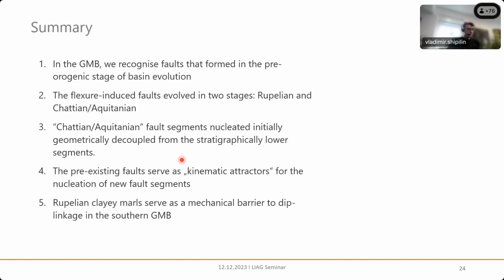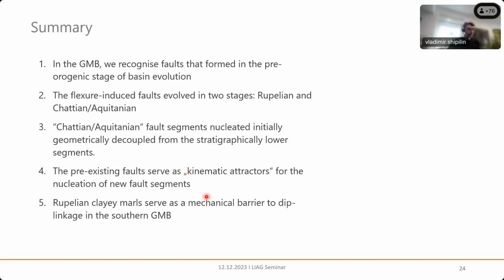And the key role in the final geometric pattern was played by the Rupelian clay marls, which serve as a mechanical barrier to deep linkage and accommodate displacement by ductile deformation.